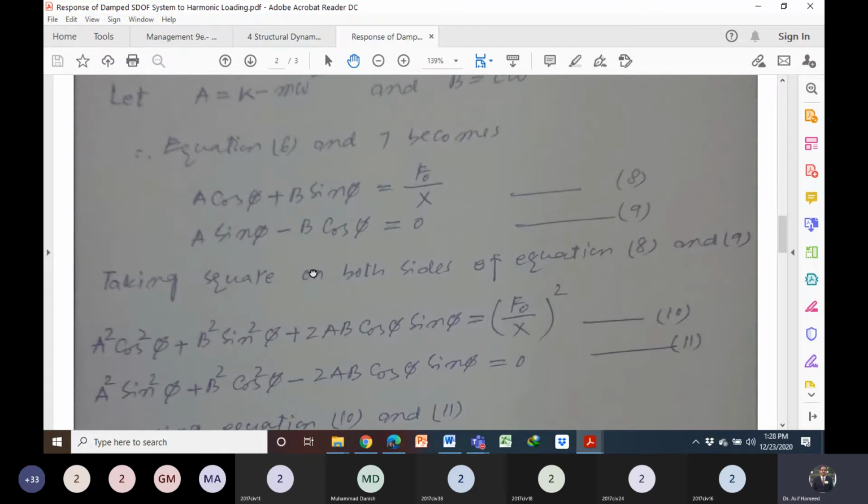What we can do now, we can take the square on both sides and then we can add the equations, equation number 8 and 9. Take the square. So A plus B square: the square of first term plus the square of second term plus 2 times the first term second term. On the right hand side, simply the square of this term.